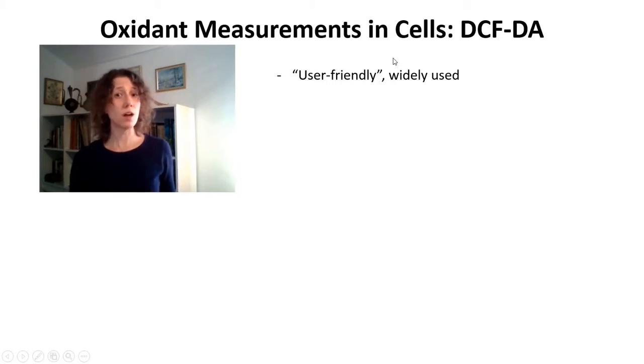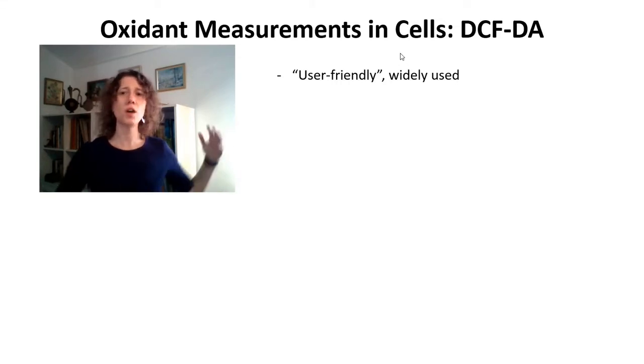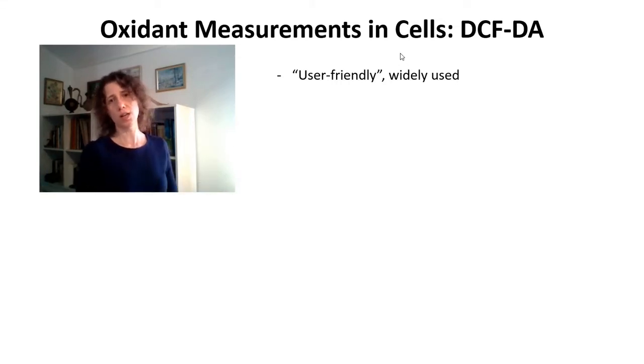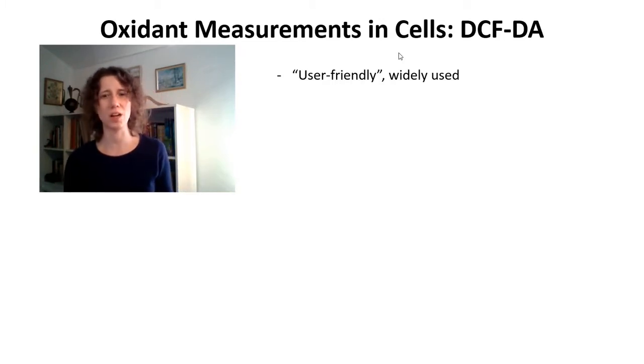And the reason why DCF is so widely used is that you can measure over time an increase in fluorescence of DCF, and DCF is known to be oxidized and increase in fluorescence by oxidants, so people believe that this increase in fluorescence that they measure is an increase in oxidants. And it's actually very easy to obtain an increase in fluorescence in DCF, which is the reason why I think people like it so much. It's friendly because you can get this increase in fluorescence, which is quite satisfying.